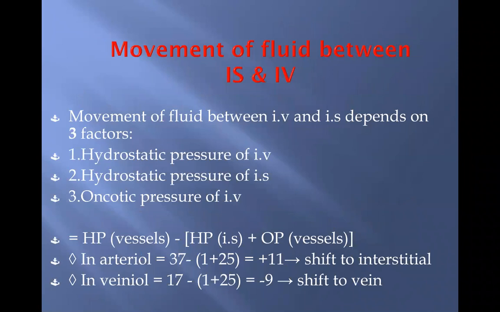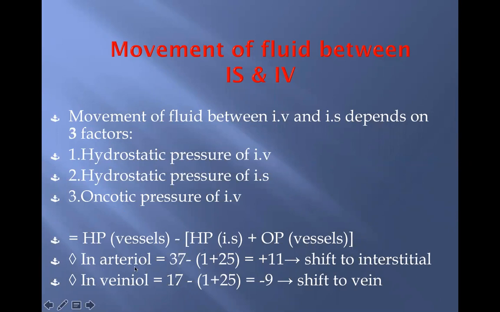Movement of fluid between these two compartments depends on three factors. First, hydrostatic pressure of the intravascular compartment. Second, hydrostatic pressure of the interstitial compartment. And third, the oncotic pressure of the intravascular compartment. And according to these three factors, we can get this equation: hydrostatic pressure in the vessels minus the summation of hydrostatic pressure in the interstitial fluid plus the oncotic pressure within the vessels.